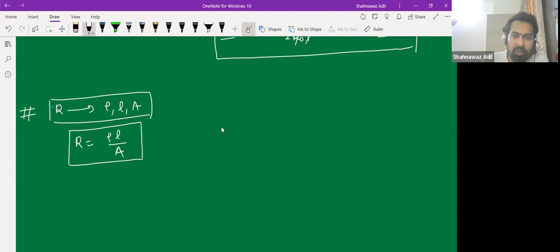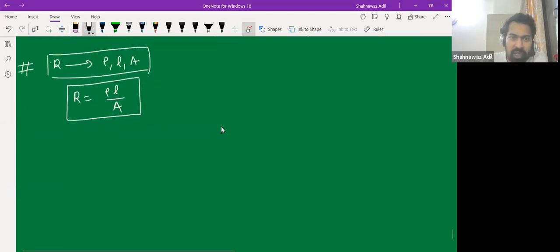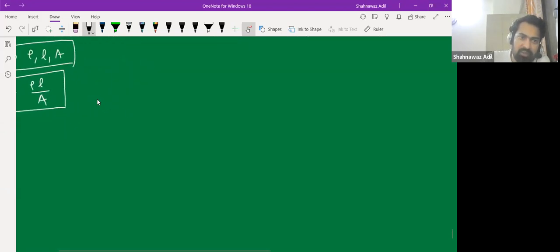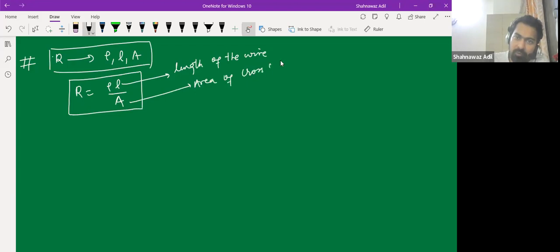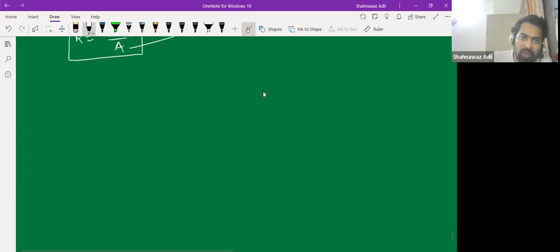This is the length of the wire, and this is the area of cross section. So now let us do some questions.